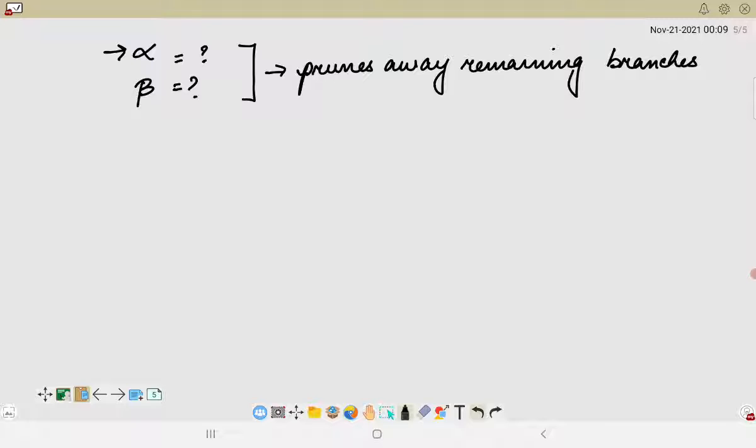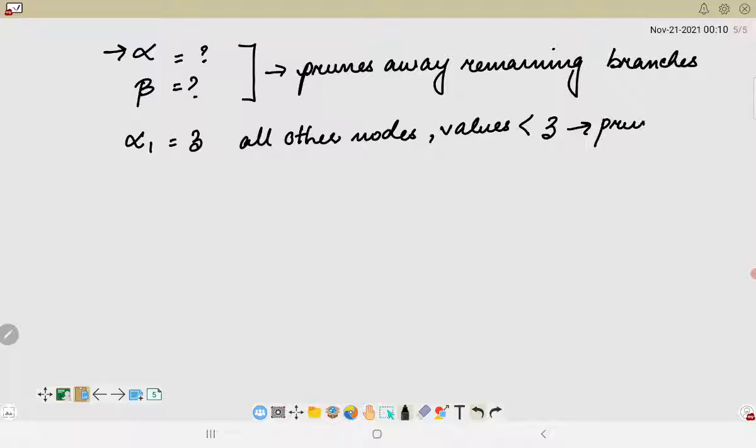So if I am finding alpha value to be 3, all other nodes whose values are less than 3 would be pruned off.